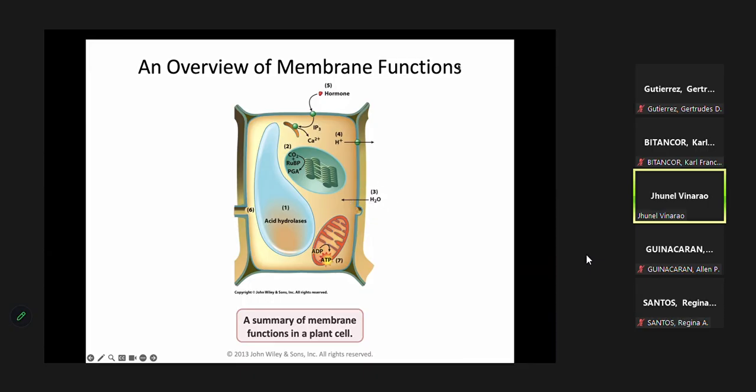Just by looking at this picture. Okay, osmosis. And when we say osmosis, ano ba siya? Correct. Okay? May sumagot, selective permeable. Okay? So this membrane serves as a barrier, no? Na selective. So selectively permeable barrier.